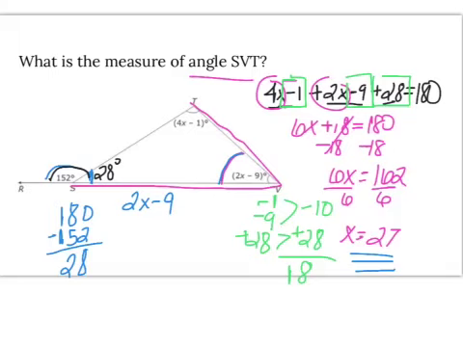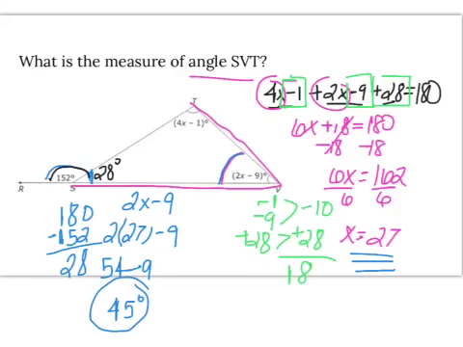Now that I know x, I can plug that in. So instead of 2 times x, we're going to do 2 times 27 and then subtract 9. So 2 times 27 is 54 minus 9. So my angle SVT is 45 degrees.